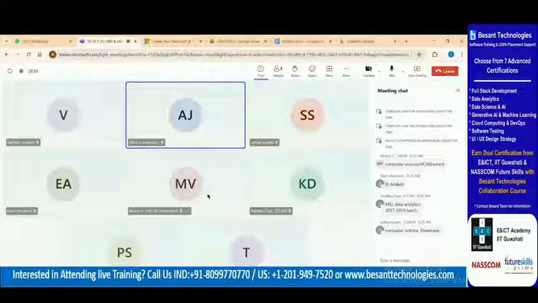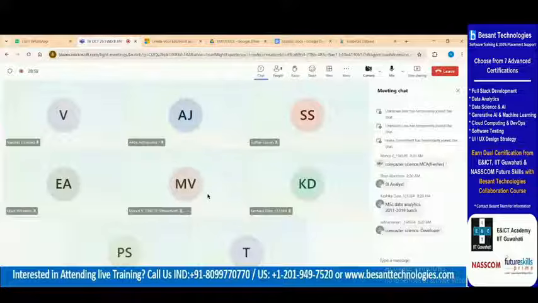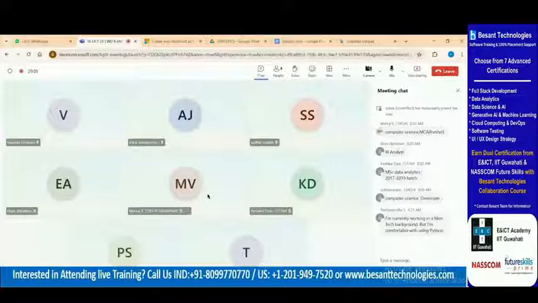My background is data analyst and data science, which I took, ma'am. Okay, okay. And you should join here with your ID number which is provided by Besant Technologies. Don't join with your name. Okay.